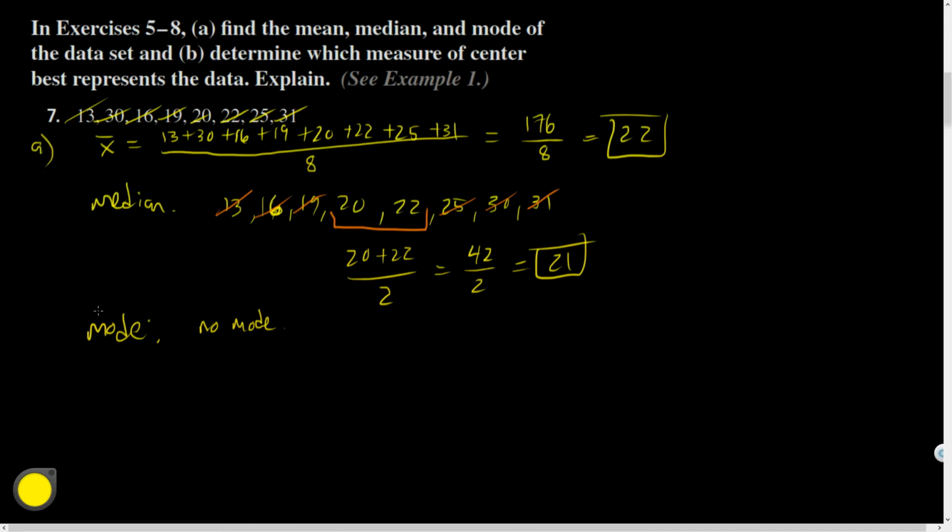In this case, the mean is the best, and the reason is because there were no crazy outliers. All right, if there's an outlier, some extreme value on the low end or high end, then the median would be a better representation of that data.